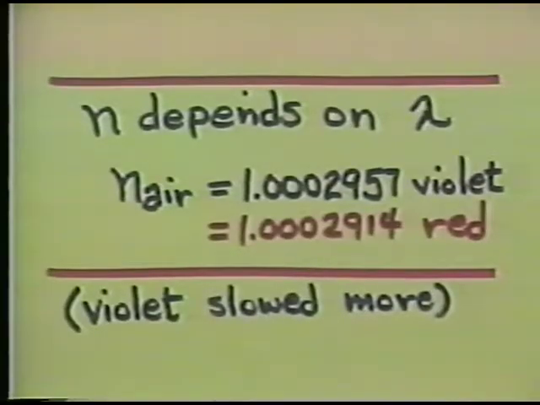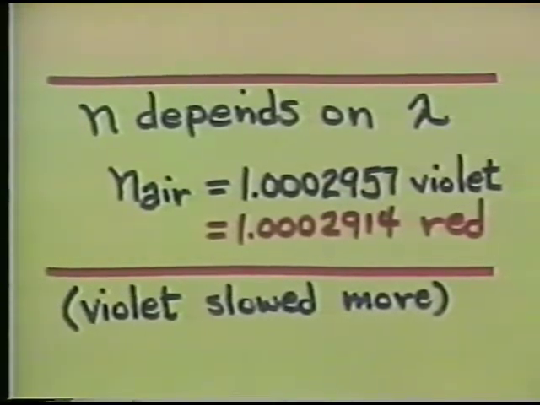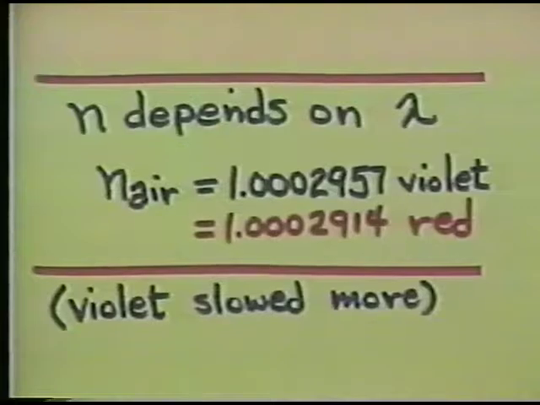Another thing about the index of refraction is that it depends on wavelength. It's wavelength dependent. And we can show this, for example, with air. The index of refraction of air is actually different for violet light than it is for red light. And here you see a very, very slight difference. And this is true of any substance.